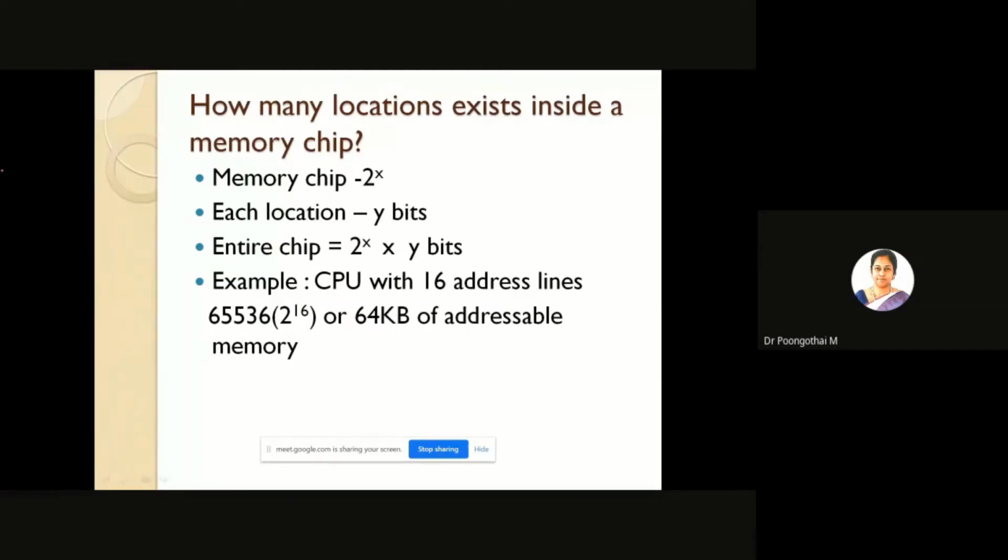For example, a CPU with 16 address lines is able to address 2 power 16, or 64 KB, of addressable memory. Here 2 power 16 is nothing but 65536.